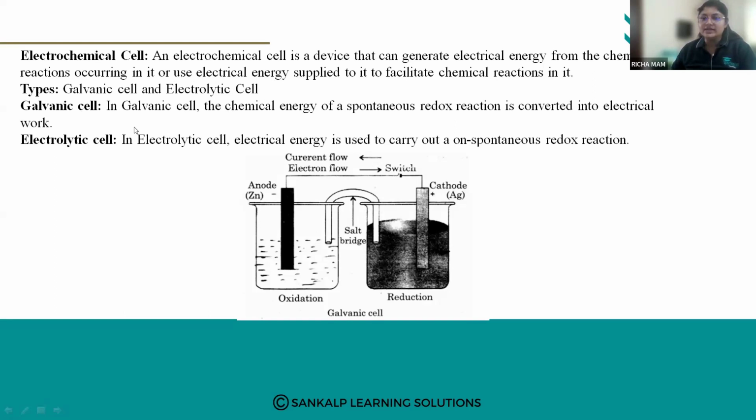What is a galvanic cell? In a galvanic cell, the chemical energy of a spontaneous redox reaction is converted into electrical work. Whatever chemical reaction is taking place is converted into electrical energy. This is the process which is undergoing in the galvanic cell.